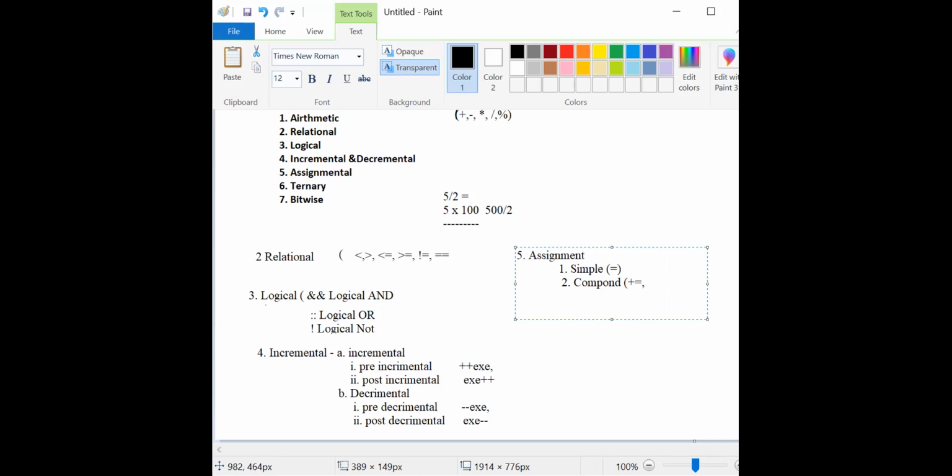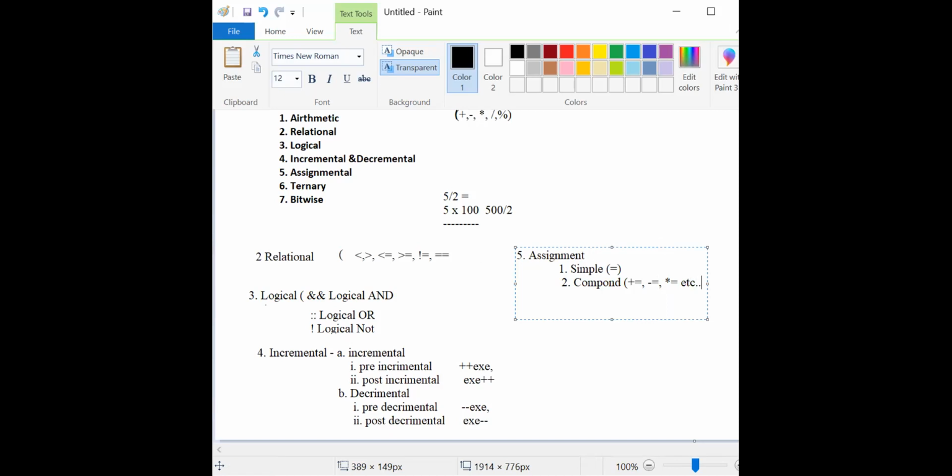The second one is minus equal to, and the third one is multiplication equal to. There are so many operators also, but they are not necessary in your practice.